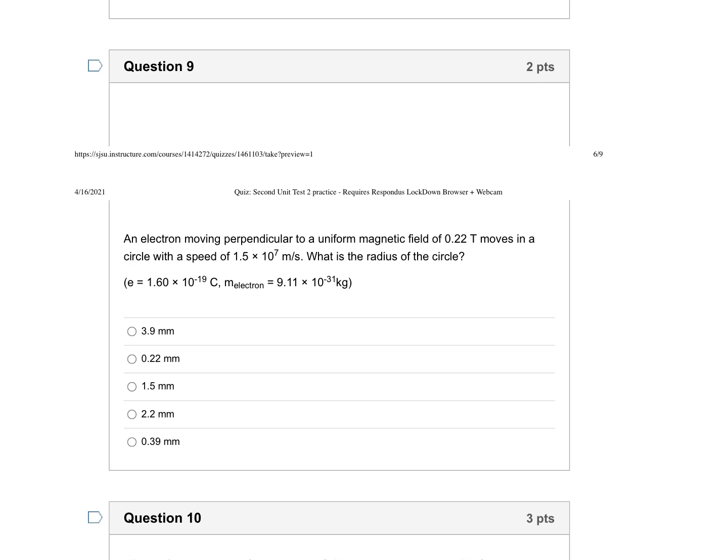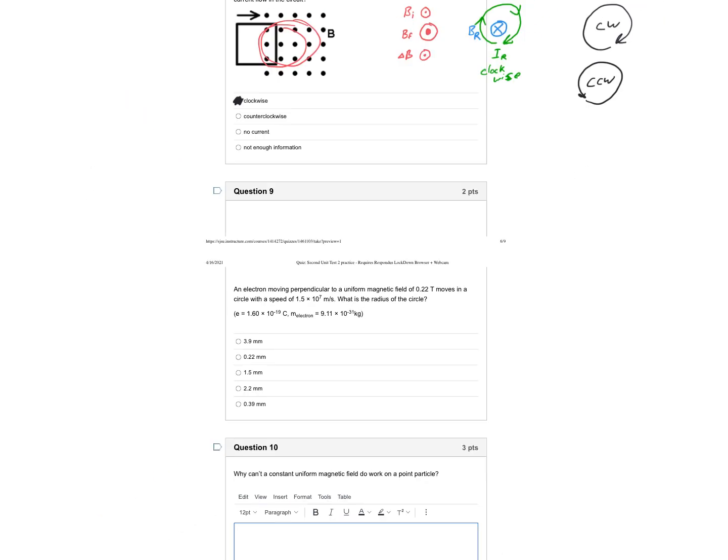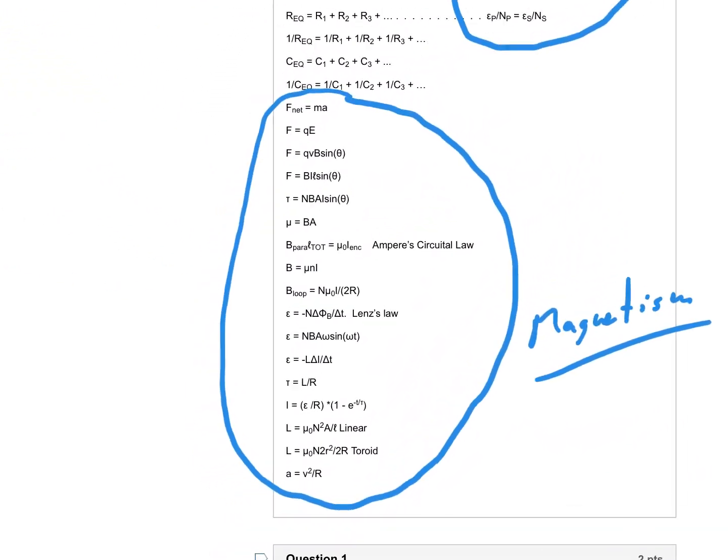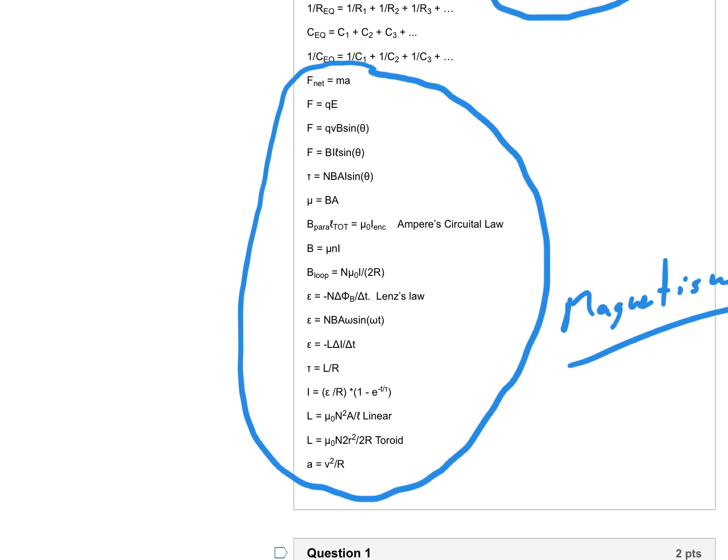Okay, this is a circular motion magnetic field problem involving an electron. Whenever we have those, we need to consider the magnetic force in the situation, and we need to see how that force results in some sort of motion.